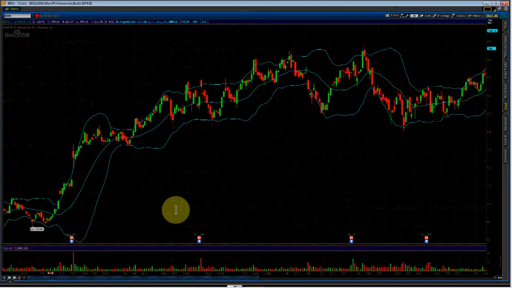Which, in essence, means that anything I have on my chart is basically support, resistance, or moving average, right? And that's consistent with, really, it wouldn't matter if I had Fibonacci's on my chart.